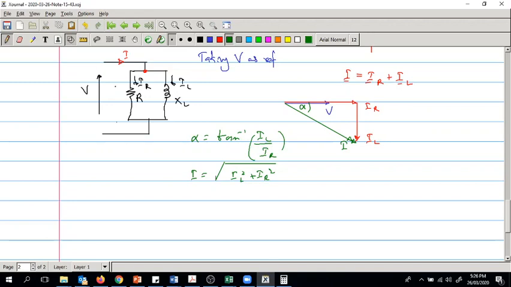So that's for a parallel. You can see that for a parallel circuit, voltage is common to all the elements, so therefore you take the voltage as reference.